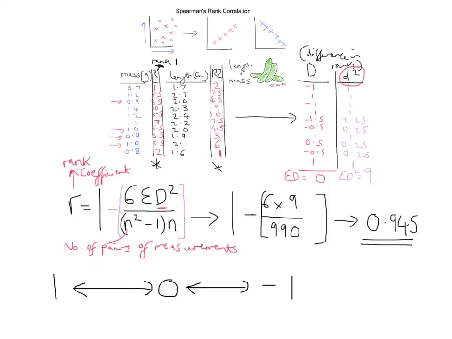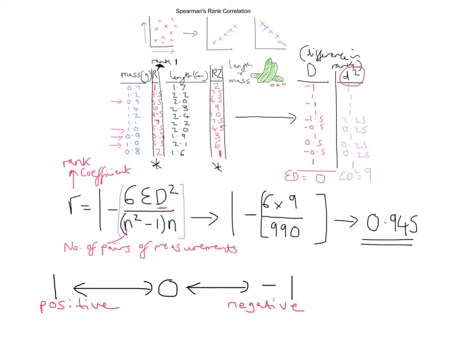Now if it's 1, that means there is a strong positive correlation between the two sets of data. So a value of 1 indicates a perfect positive correlation, whereas a -1 indicates a strong negative correlation.